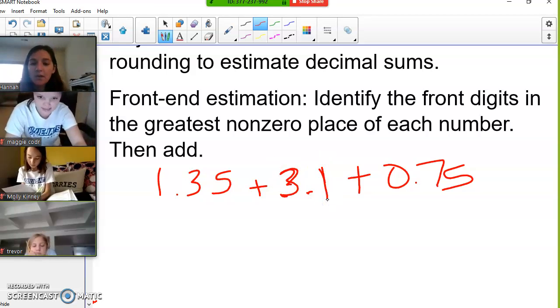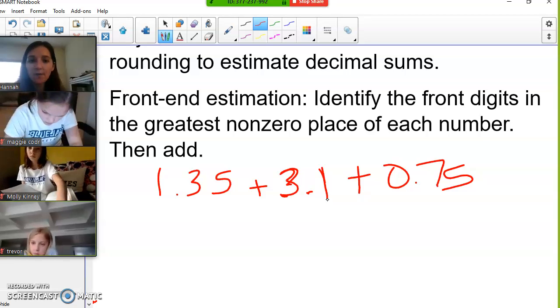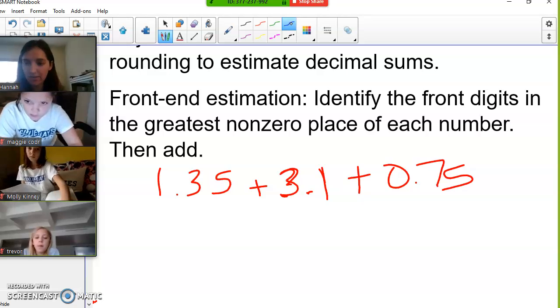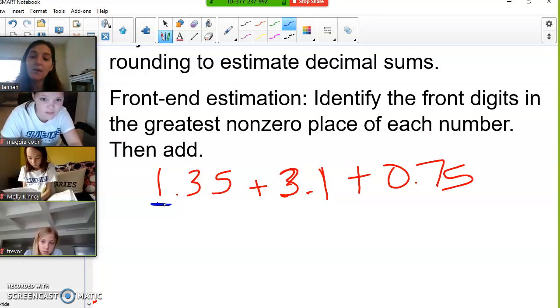Okay. So looking at this here, when we're doing front-end estimation, all we're doing is identifying the first non-zero number. So I'm going to go through with blue, and I'm going to underline the first non-zero number. 1 is the first non-zero number, starting on the left and moving to the right.